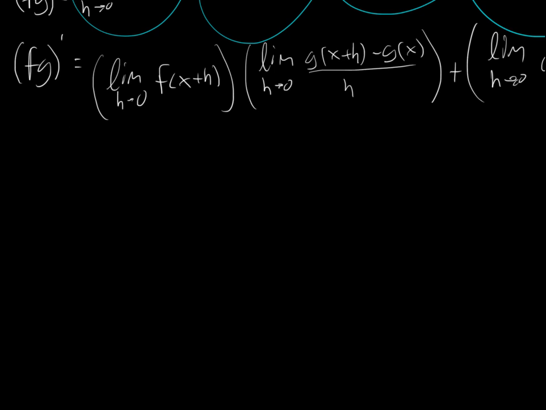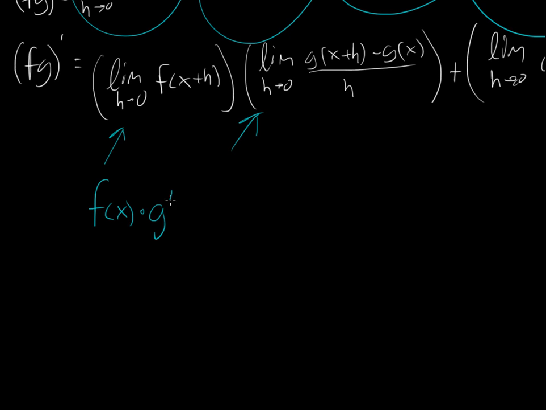Because now as I take this limit right here, as h approaches 0, this h right here is approaching 0, that becomes f of x. And this is times this expression. And as h approaches 0, well, doesn't this look familiar? This is the definition of the derivative.